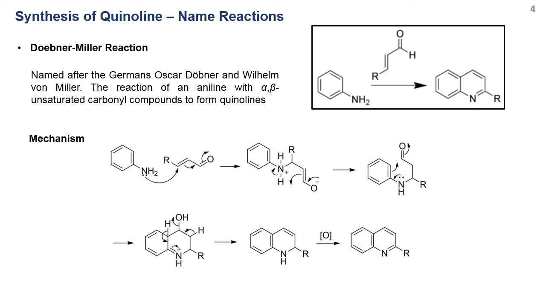The second reaction is very similar to the previous one. In this case, you use the alpha-beta unsaturated carbonyl compound as the electrophilic reagent.